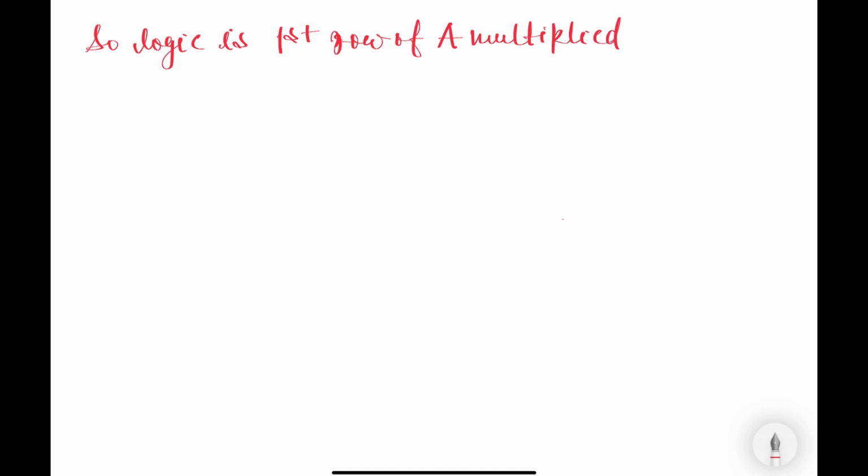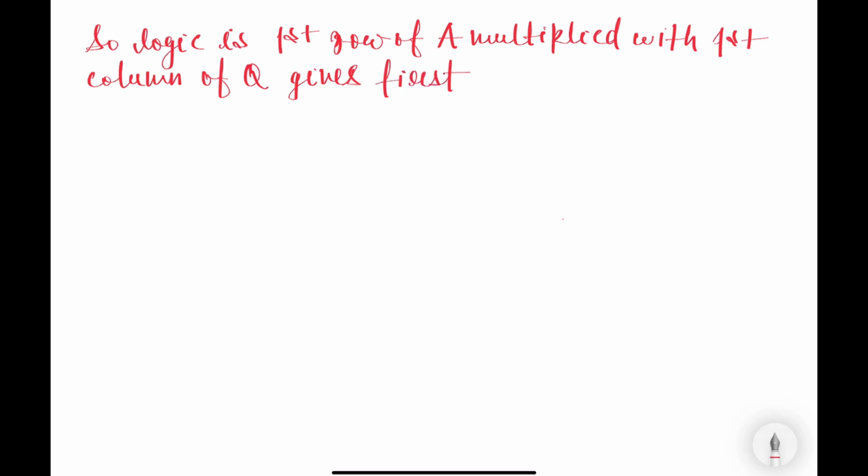So the logic is: matrix A multiplied with the first column of Q gives the first column of AQ.